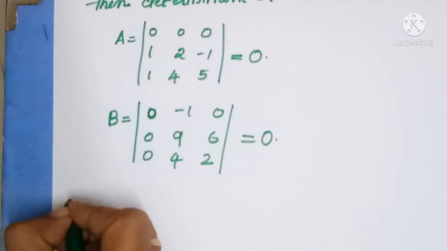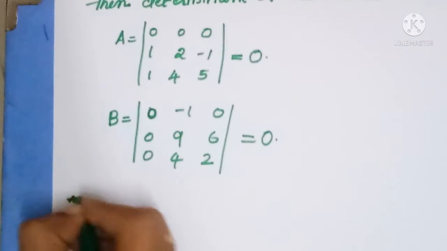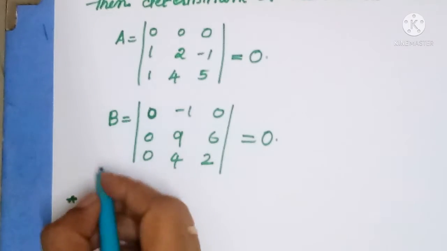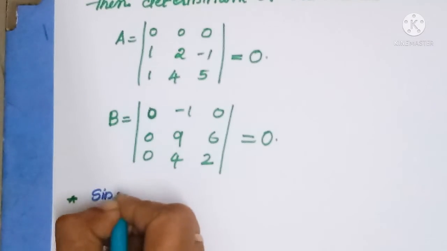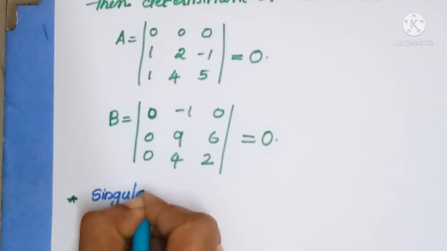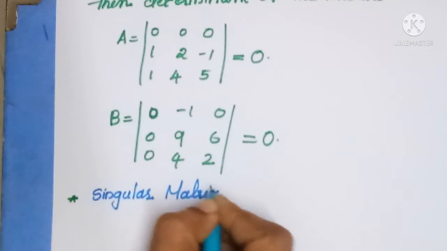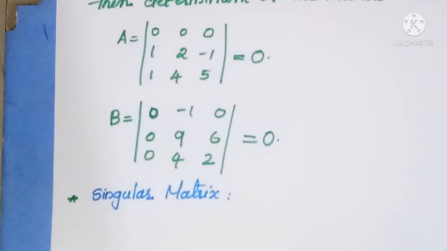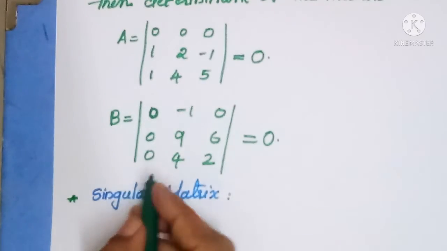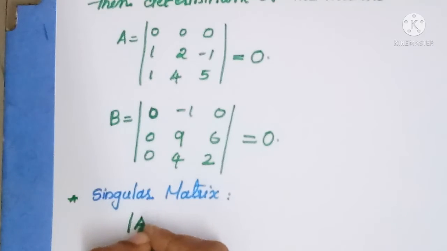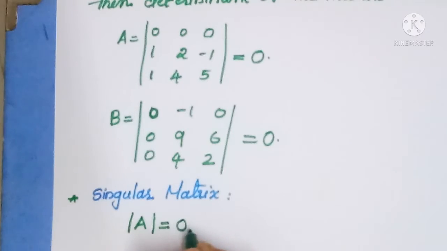Another important concept: what is meant by a singular matrix? The condition of a singular matrix: here I am considering a square matrix A. If the determinant of that matrix is equal to 0, then that matrix is known as a singular matrix.